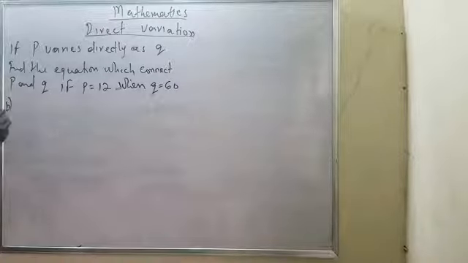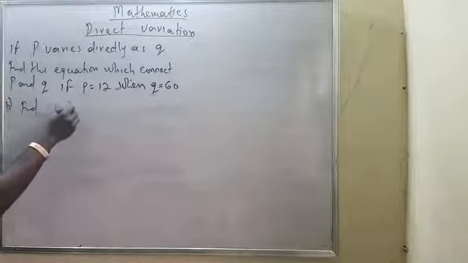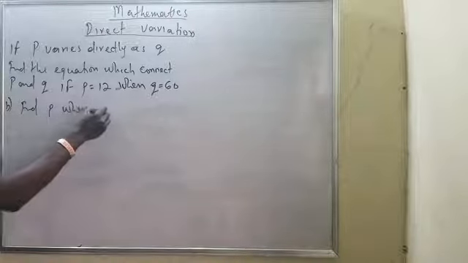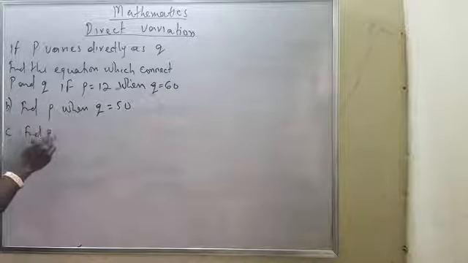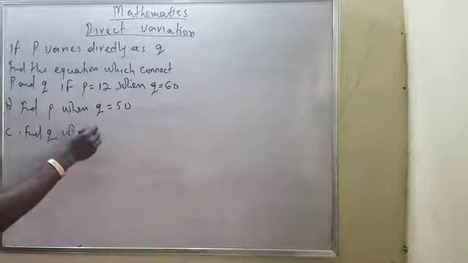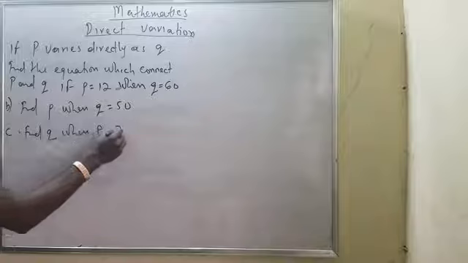B, find P when Q equals 50. And the last part of it is, find Q when P equals 20.